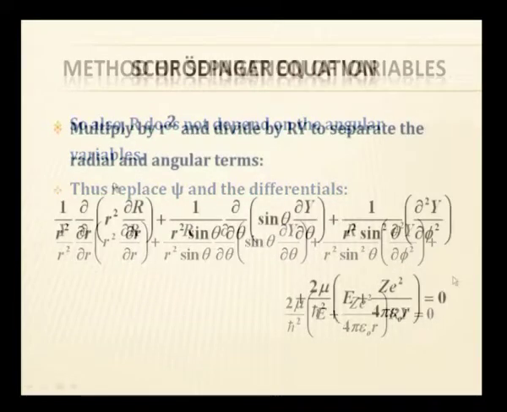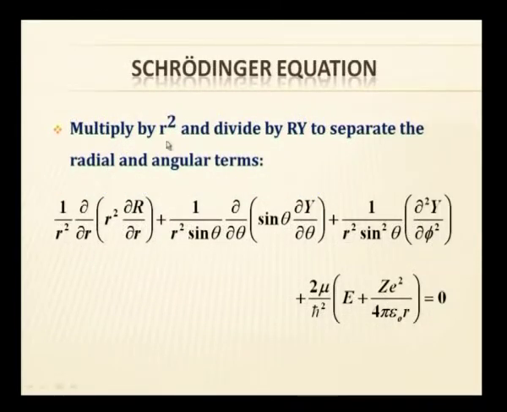Now you can multiply by r square and divide by R into Y to separate the radial and angular terms. Therefore, the equation can be rewritten in this form: 1 by R, dou by dou r of r square dR by dr, plus 1 by Y sin theta dou by dou theta of sin theta dou Y by dou theta, plus 1 by Y sin square theta into dou square Y by dou phi square, plus 2 mu by h bar square, plus you have E here, plus z e square by 4 pi epsilon naught r, is equal to 0.